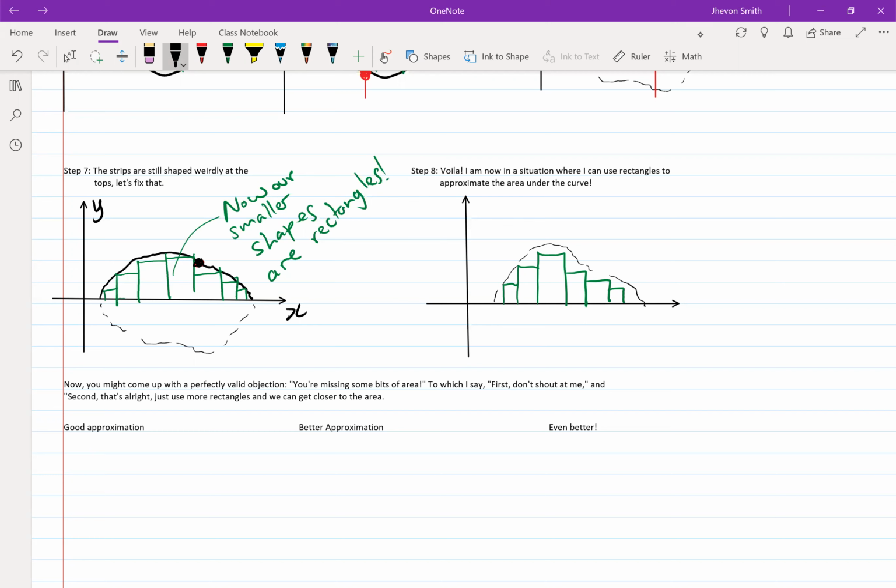And yes, we are going to miss some pieces of area, but if your approximation isn't good enough, what you can do is just use even more rectangles, right?